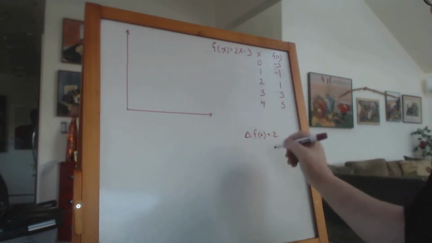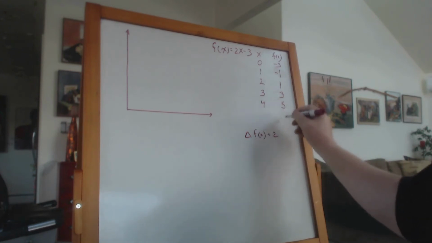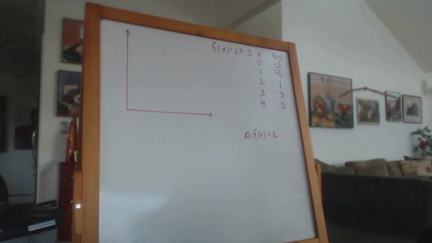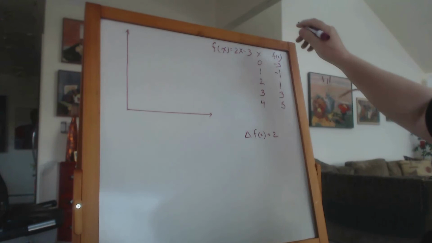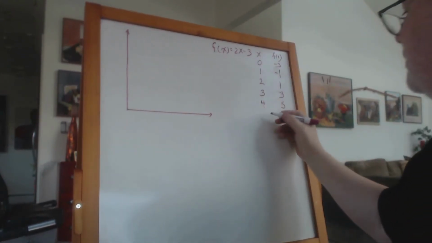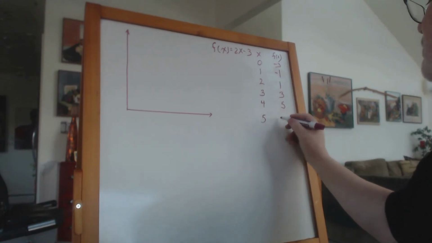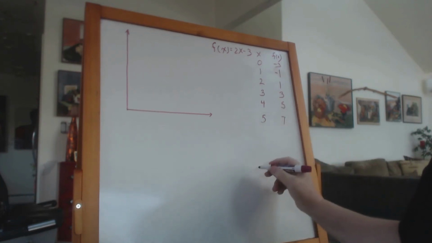Let's say for each value of x, the change in the function's value is increased by 2. So if we look at 5, we have 10 minus 3 is 7. And you can see it's a difference of 2.